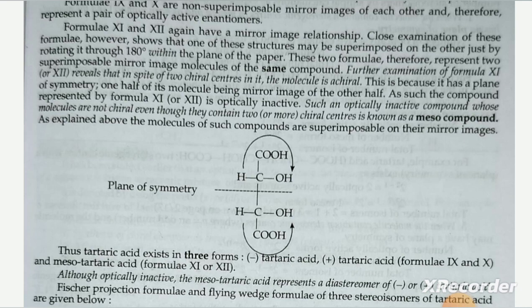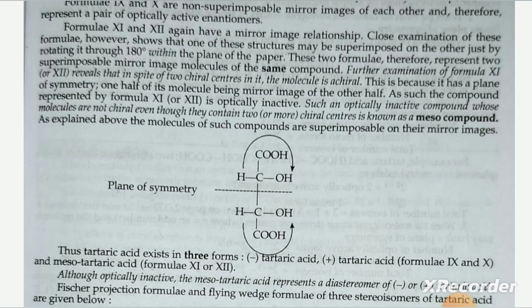Further examination of formulas 11th and 12th reveals that in spite of two chiral centers in it, the molecule is achiral. This is because it has a plane of symmetry, one half of its molecule being the mirror image of the other half. As such, the compound represented by formula 11th or 12th is optically inactive. Such an optically inactive compound whose molecules are not chiral even though they contain two chiral centers is known as a meso compound.